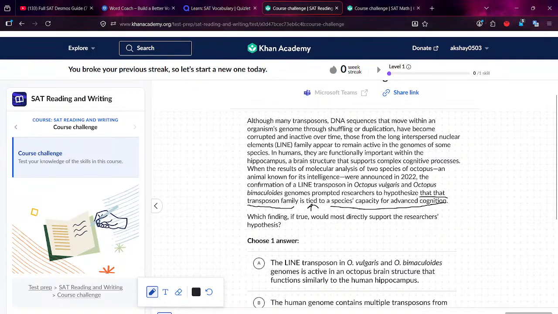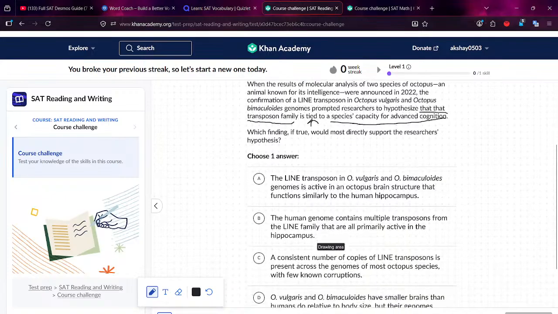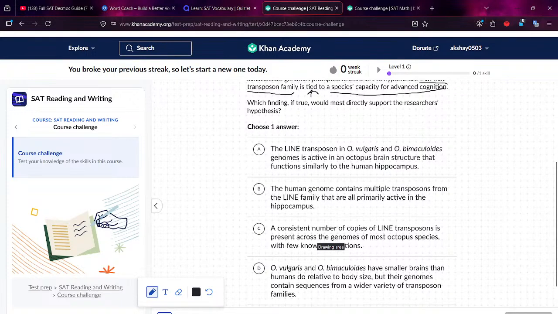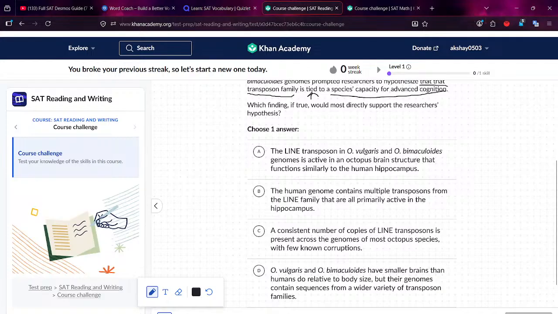So, what this means is that the transposon family is tied to the capacity for cognition. You're combining this together. So the human genome contains multiple transposons from the line family.